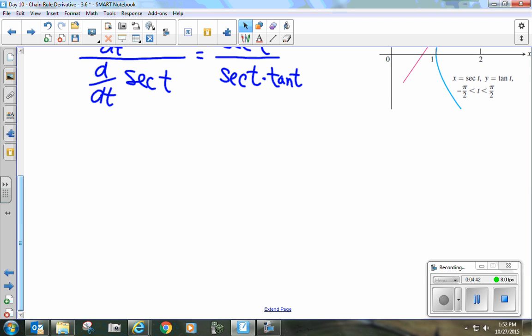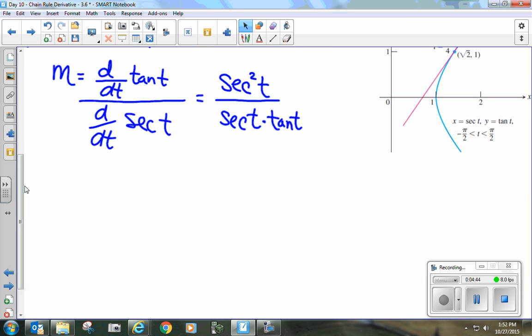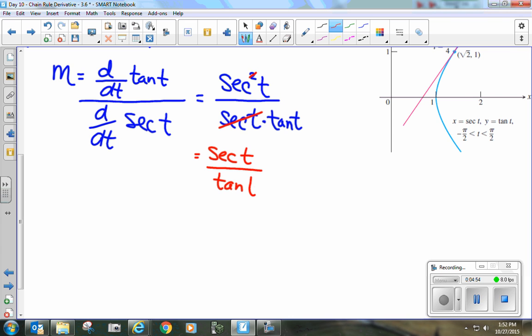What can I cancel? Yeah, the secant. So one of these cancels with one of these. Now I have secant of t over tan of t. I can simplify this even further by converting to sine and cosine. Secant is what?